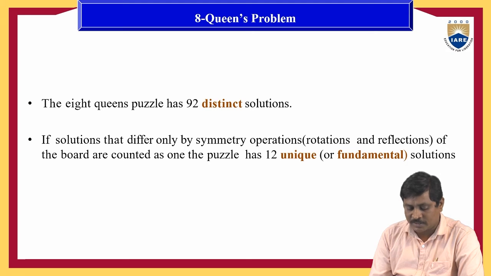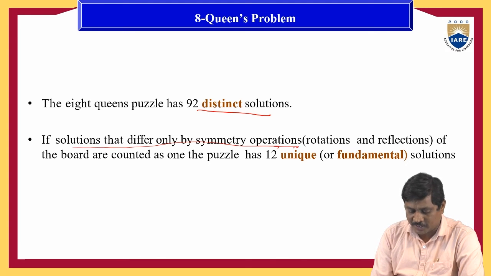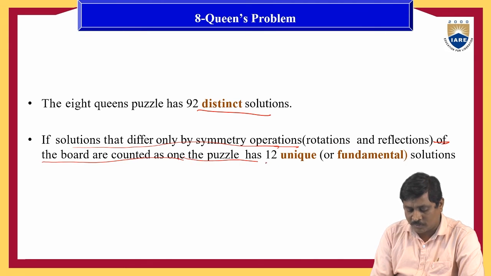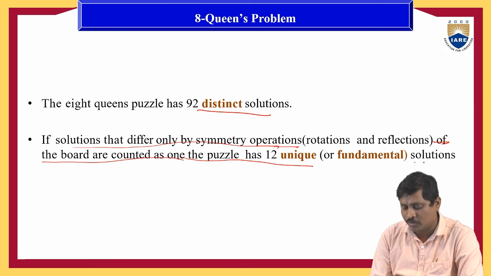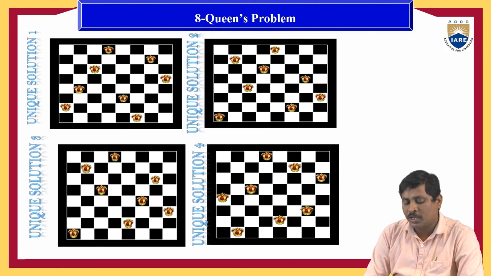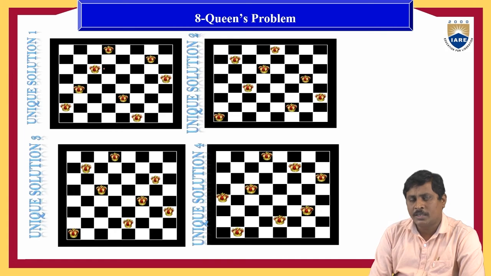The 8 queens puzzle has 92 distinct solutions. If the solutions that differ only by symmetry operations of the board are counted as one, the puzzle has 12 unique solutions. These are some of the solutions of the 8 queens problem. Here you see that no queen is in the same row, column, or diagonal as any other queen.